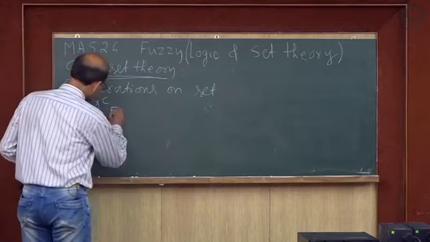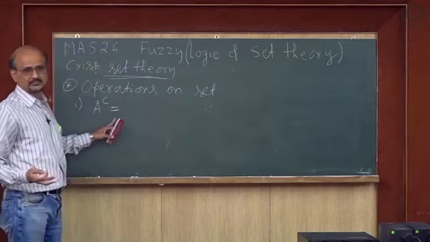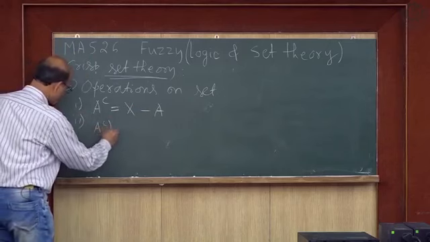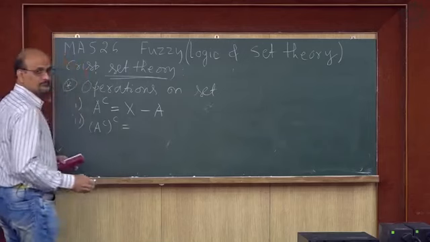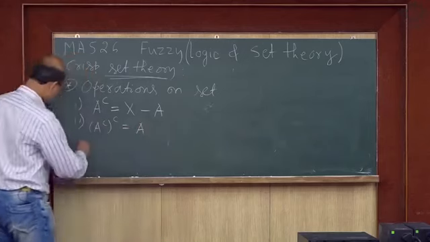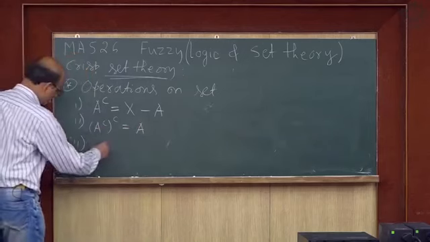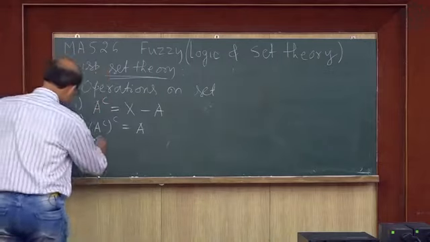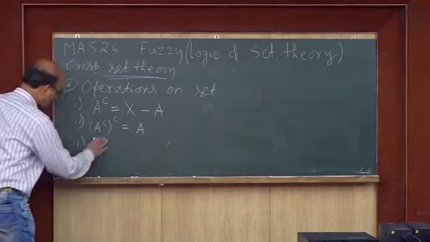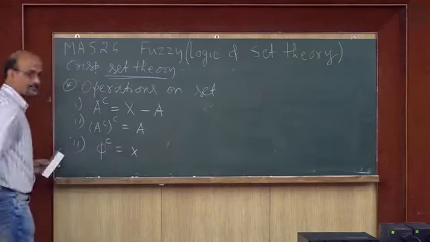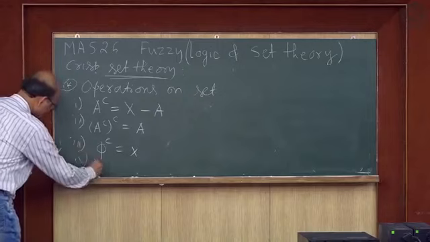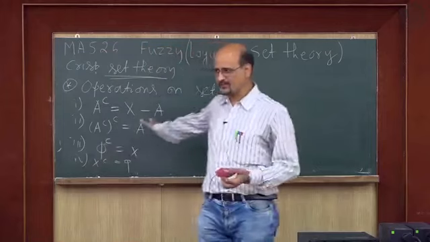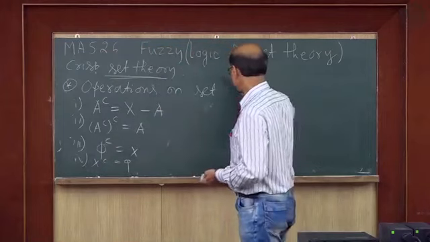If X is a universal set, A complement is X minus A. Similarly, for the empty set, phi complement is X, and X complement is phi. I hope you know what phi is, the empty set having no element.